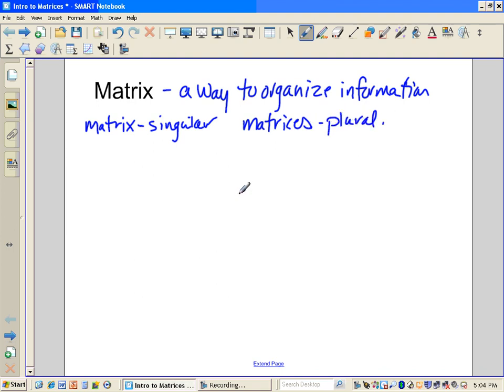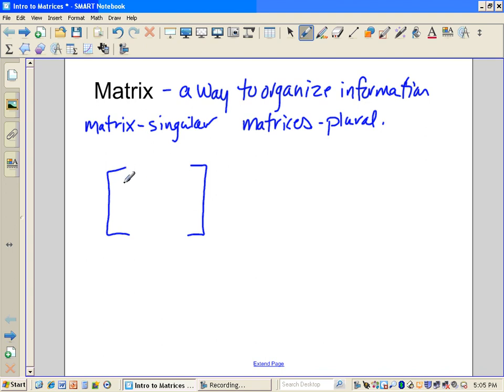All right, well, what does a matrix look like? A matrix is really just a table where we're going to put some information. The important thing about a matrix, though, is that that table is using brackets, sort of those square parentheses. And the reason we use brackets is because eventually we'll be using matrices on the graphing calculator, and possibly in the future you'll use them in a computer program.